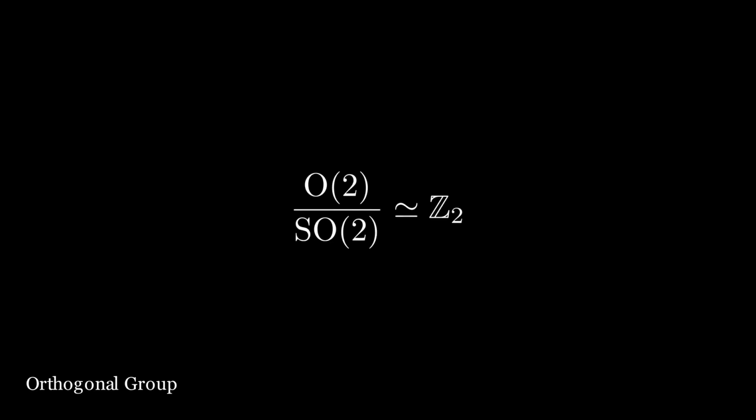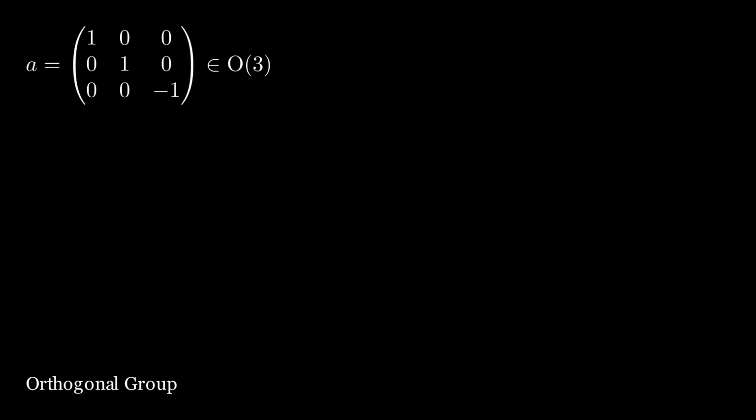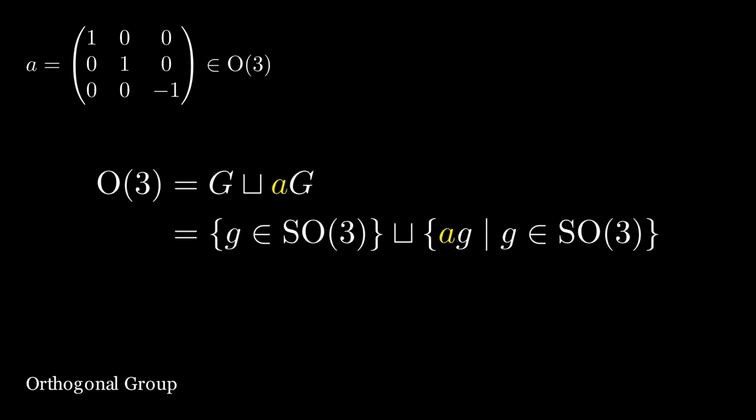Using the cyclic group of order 2, Z2, we can write O2 modulo SO2 is isomorphic to Z2. Similarly, all elements of O3 can also be expressed in this way.